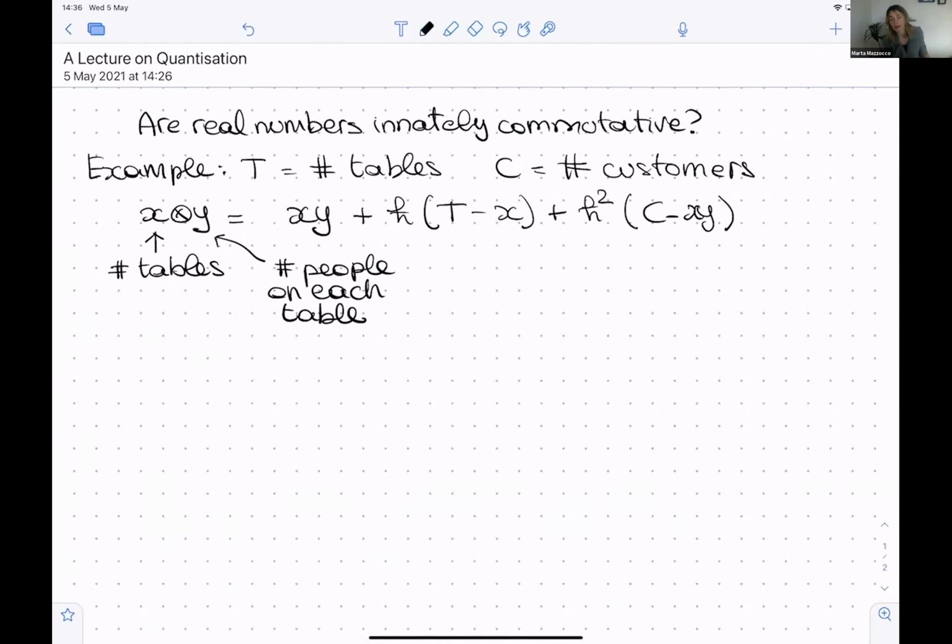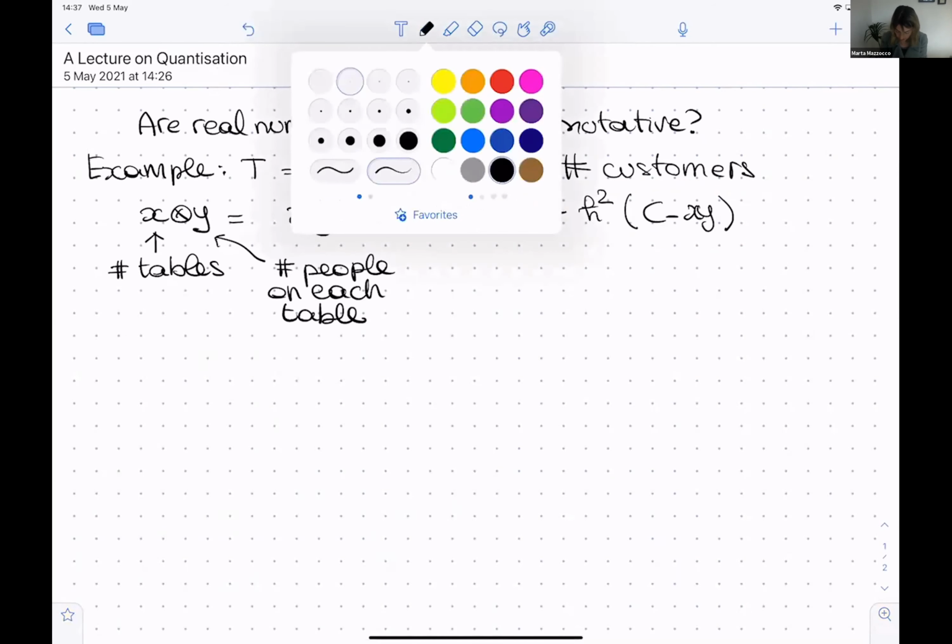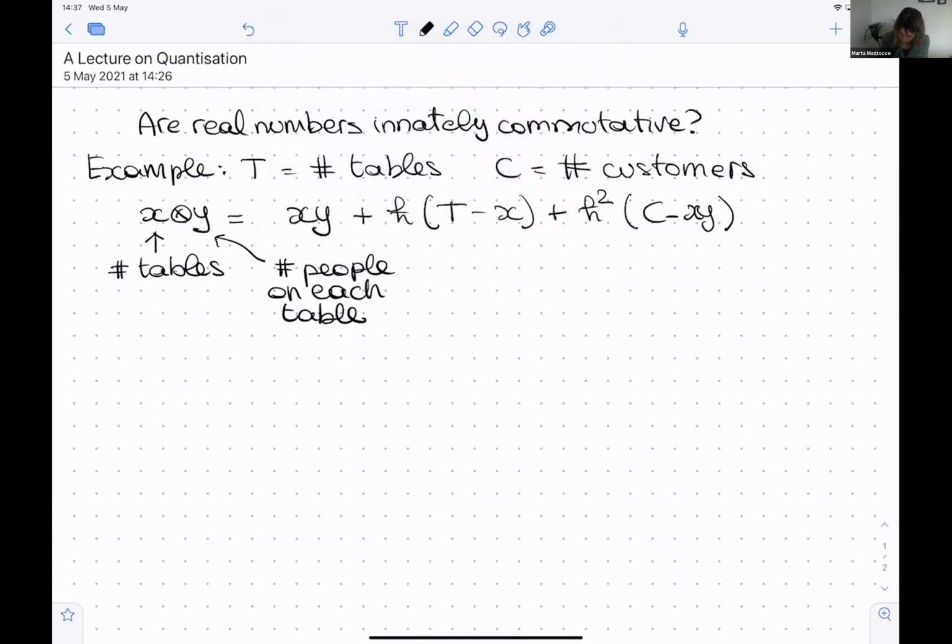Okay, so this number is going now to tell me a little bit more information than the usual product of two numbers, because it retains some information about how many tables I've left. In fact, the second information is redundant in a sense, so we can also forget it. But the first order in h bar is quite important information, as well as the total number of customers.